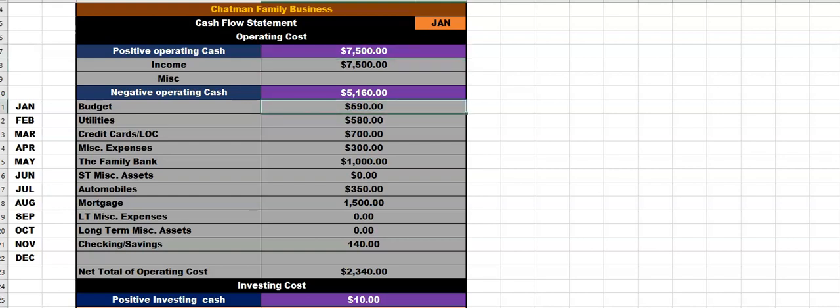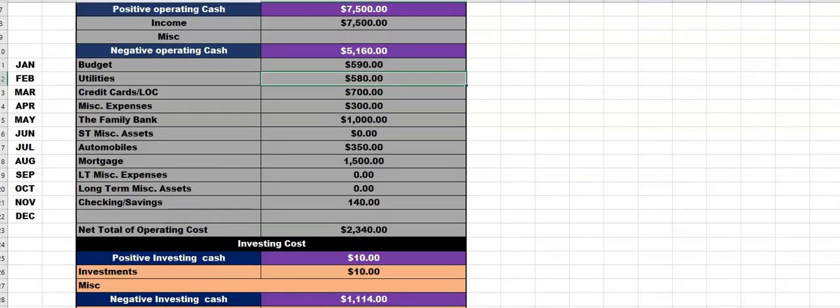You look at utilities, why are they spending that much on utilities? And that's where, if you watch the first video, the profit and loss, whoever's over that can be like, hey, 580, I need to get that down. As you get these down, it starts increasing cash flow, which you could then use for investing, which will then start upping this.